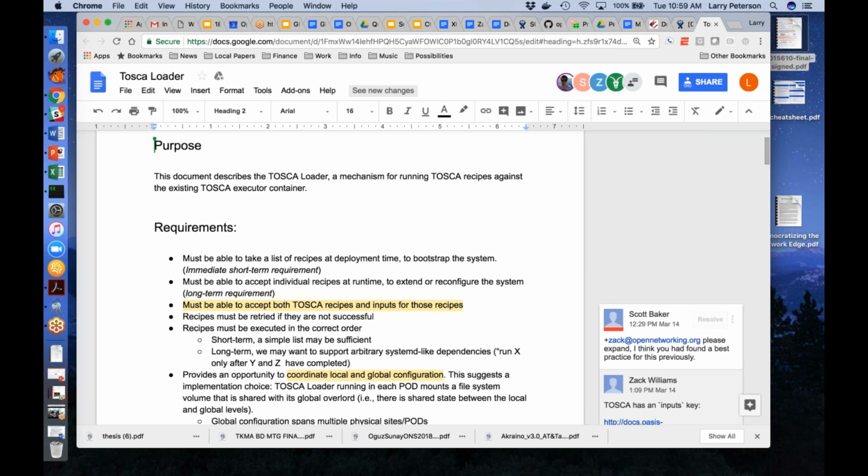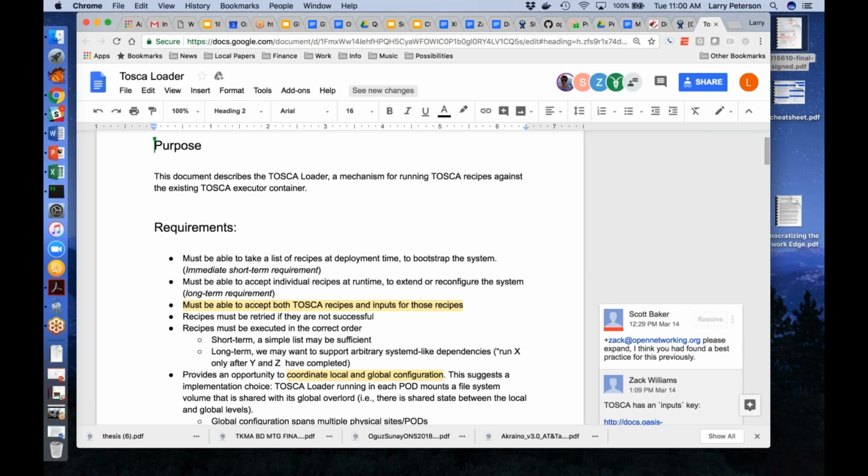If we view our administrator as competent, one way of looking at this is, instead of loading these recipes into the container over time and asking the logic to keep straight what does and does not need to be re-executed, what if we had an interface that gave the administrator access, via a global file system of some sort, to what is known to the Tosca loading container?